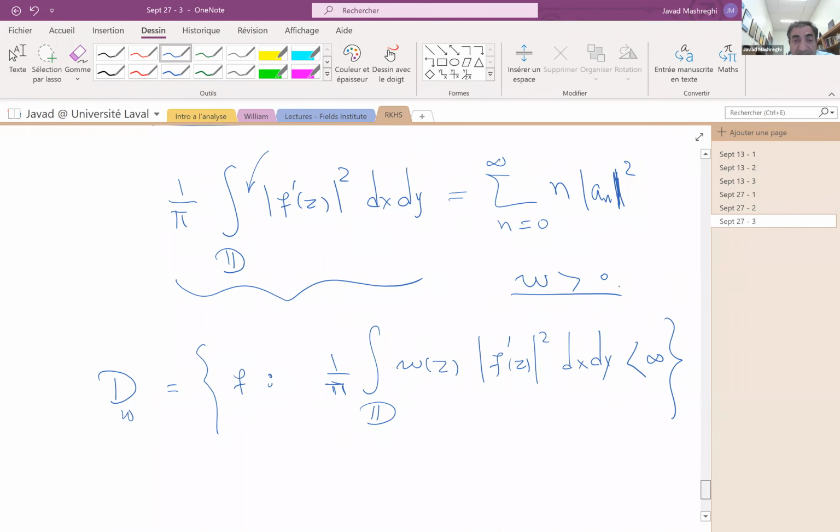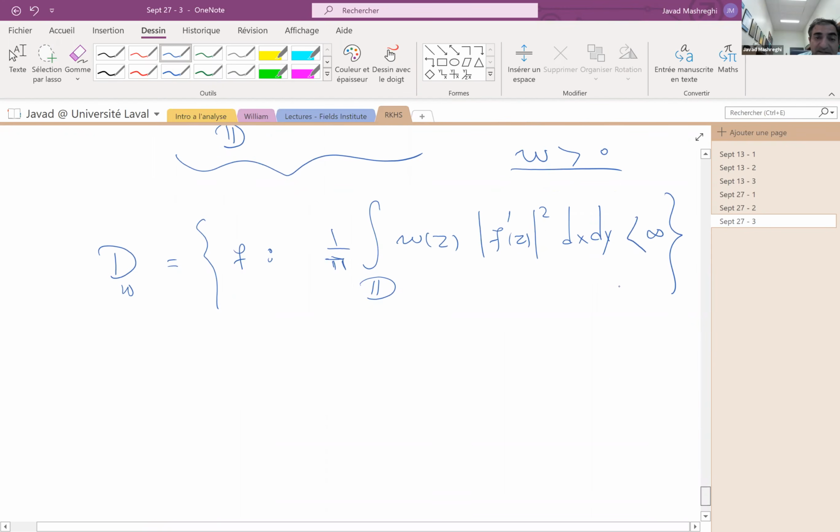We can show, with the same line of reasoning we saw before, very similar indeed, that this is an RKHS. What does it mean? It means that it's a Hilbert space, and in this Hilbert space the evaluation functionals are continuous. Good up to here. The bad part is that we don't have a formula for K. What is K_z?